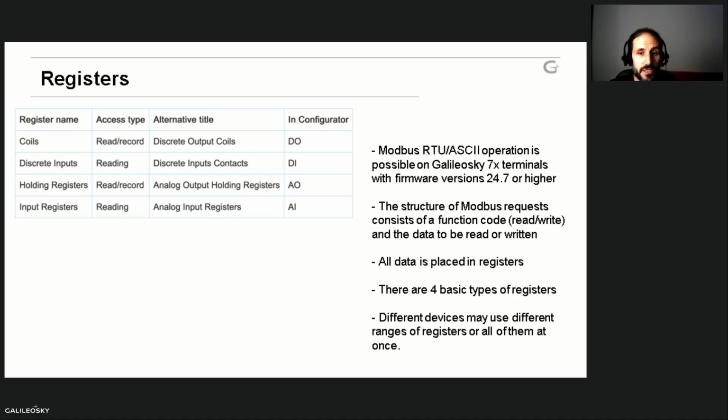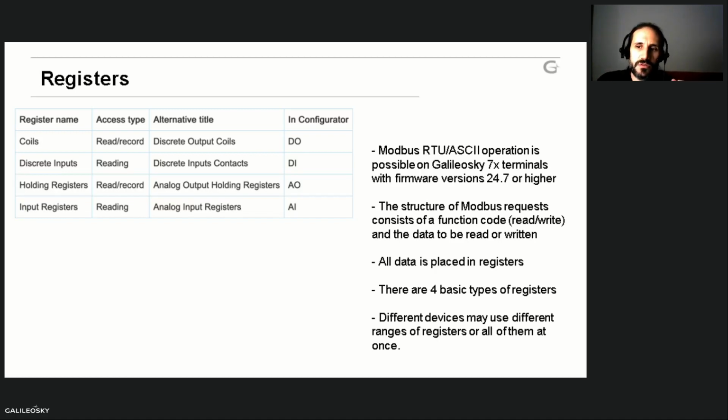So you ask them, and they will say, for example, device is on, right? Or device is off. So you will get a 0 or 1, and that's it, right? And you can also write on them, so you can use them to turn a device on or off, or maybe change the state of some output.